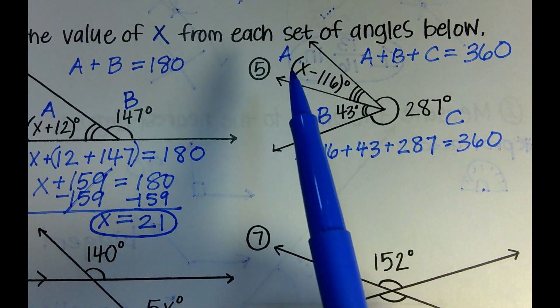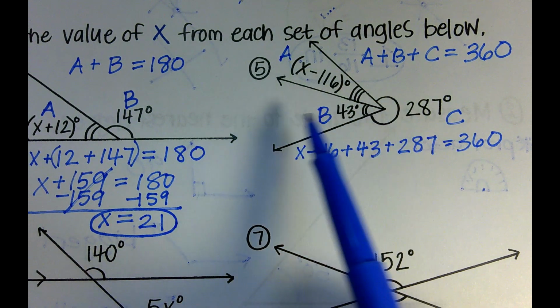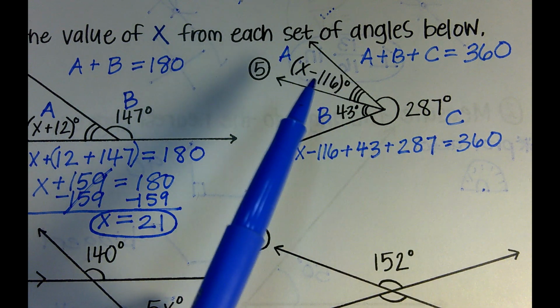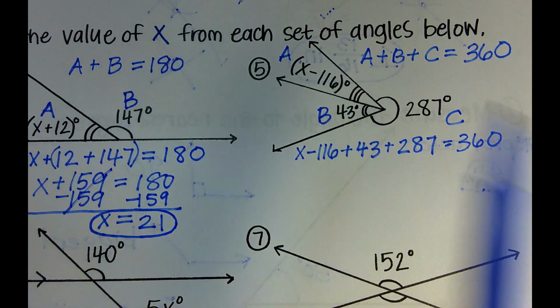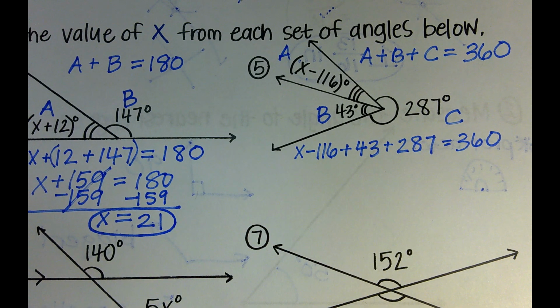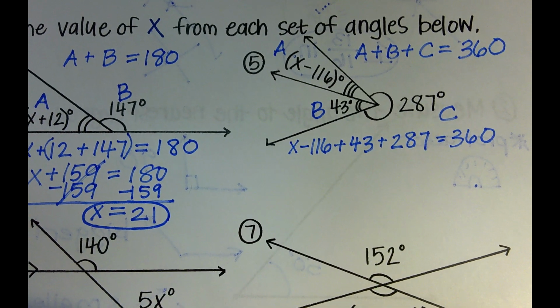So it doesn't matter if you make this A and this B and this C, you'll get the same answer. The only reason I made the one with X A is because I like to have my X as far away from everything else as possible just to keep it separated.